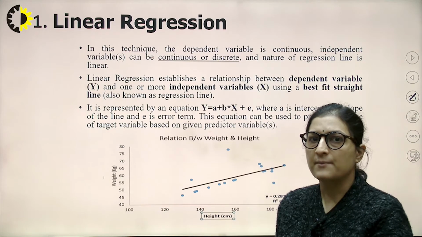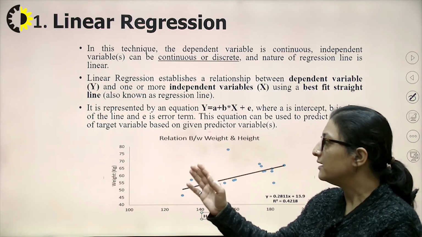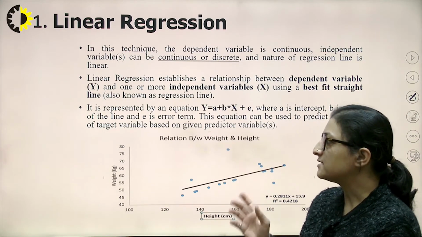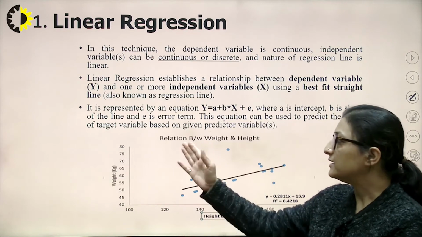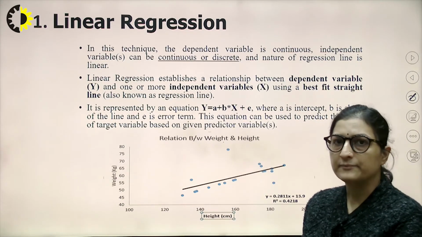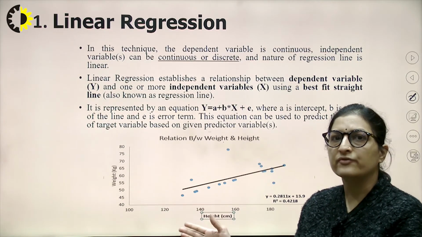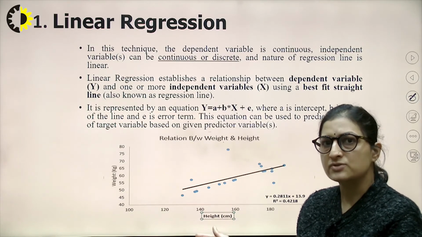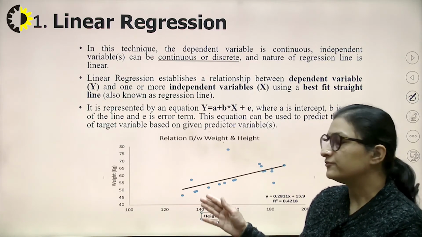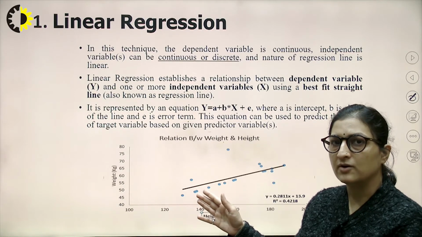So, in the example that you are seeing, there is a relation between weight and height. If the height of a person is so and so, then what should be the weight of that particular person?